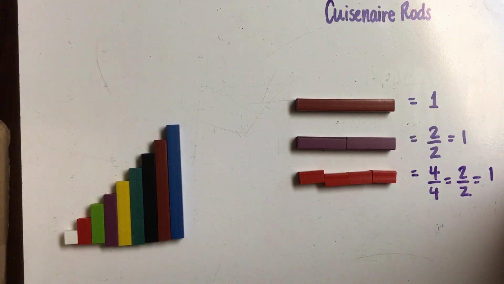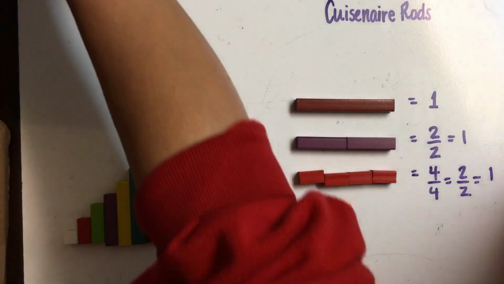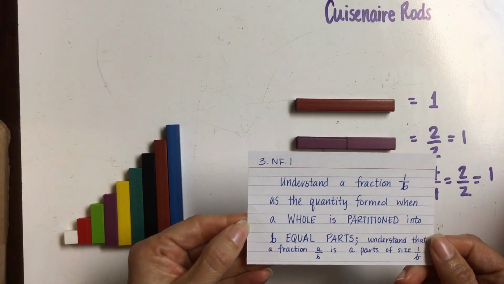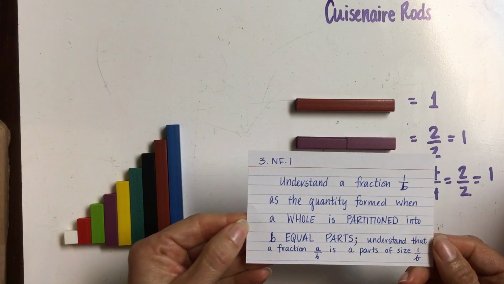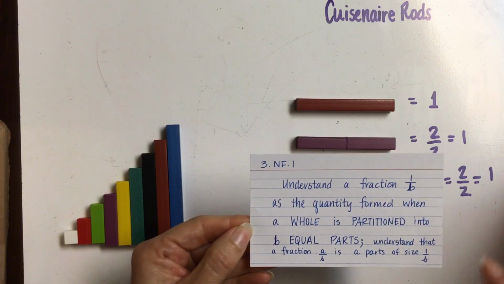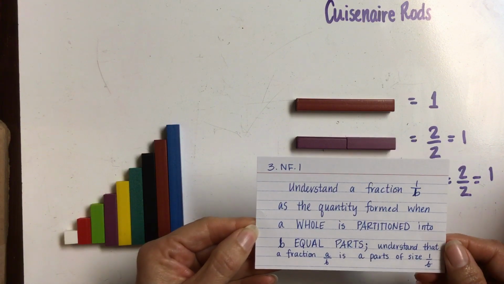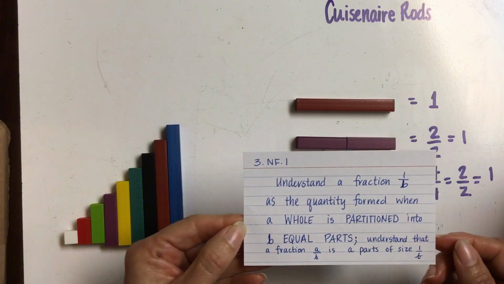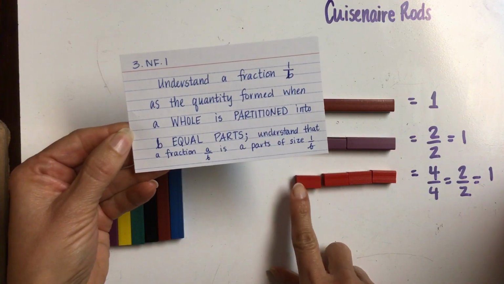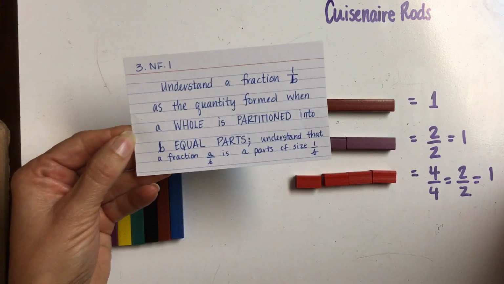And this is showing conceptual understanding of the 3rd grade standard for fractions, 3.NF.1. Understand a fraction 1/b as the quantity formed when a whole is partitioned into b equal parts.